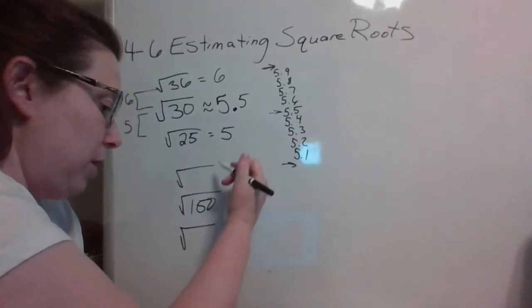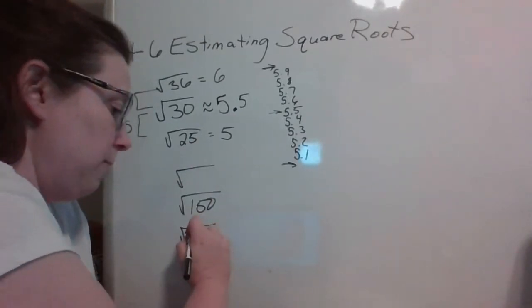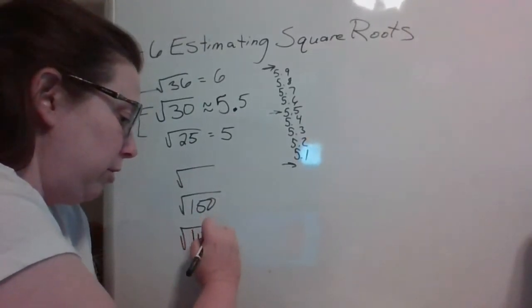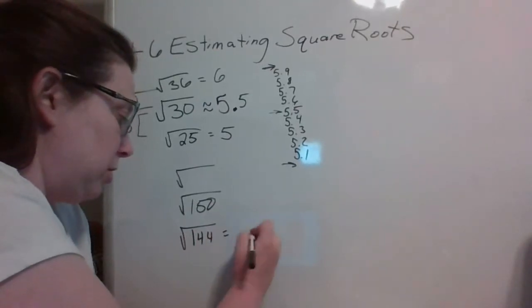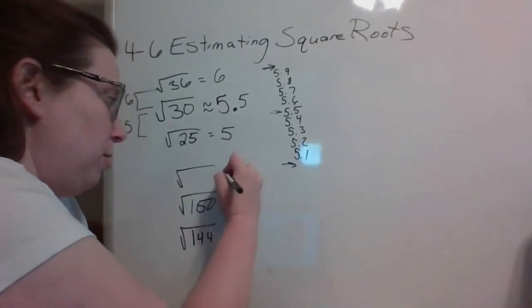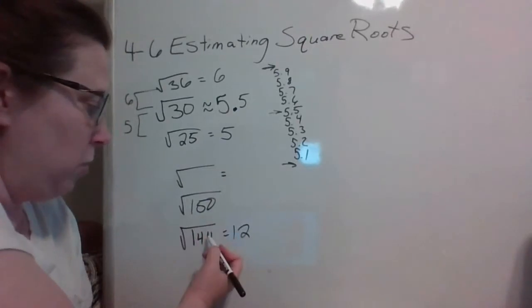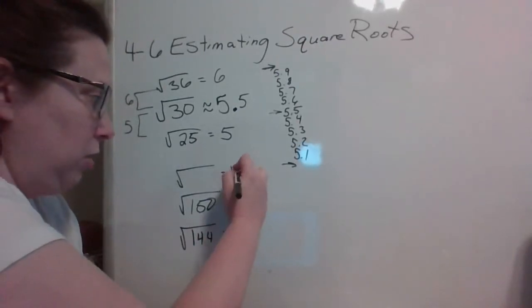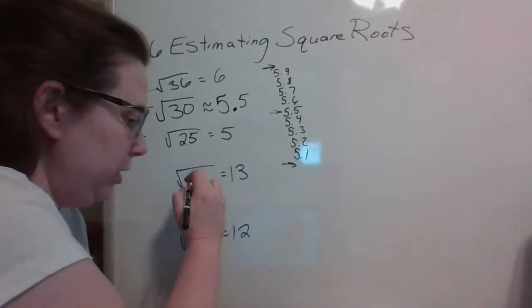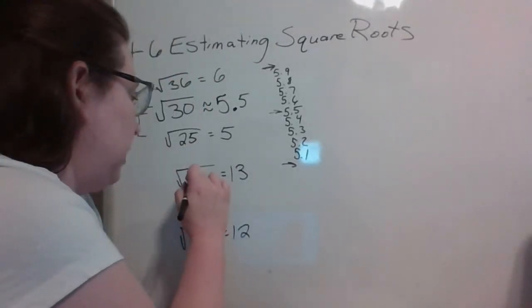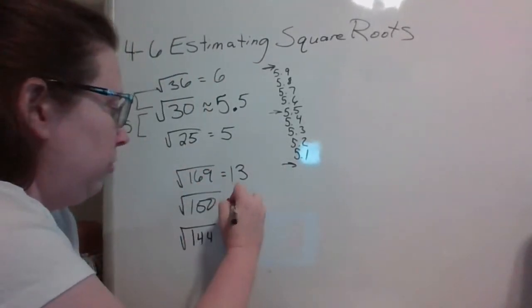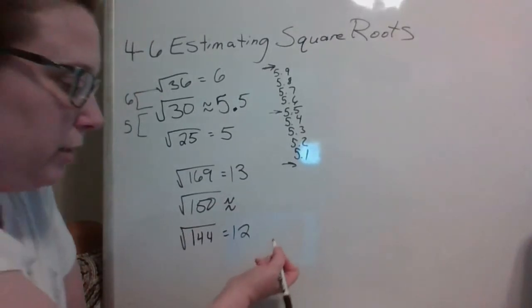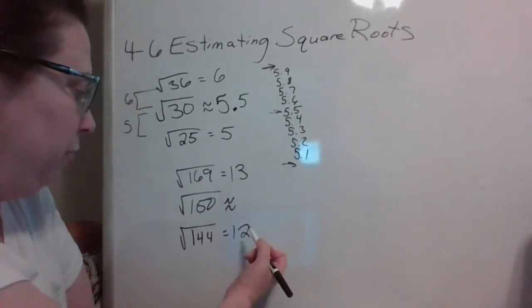And then we need to come up with our perfect squares. Below that is 144, which is the square of 12. Because that is smaller, we know that this is going to be 13, which is 169. And then we can figure out about what the square root of 150 is.